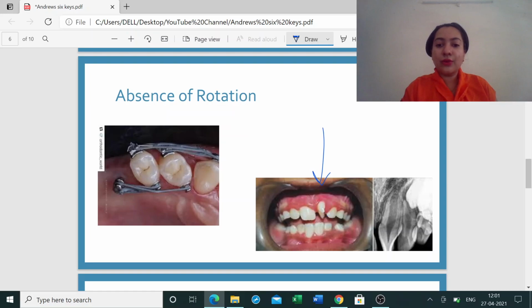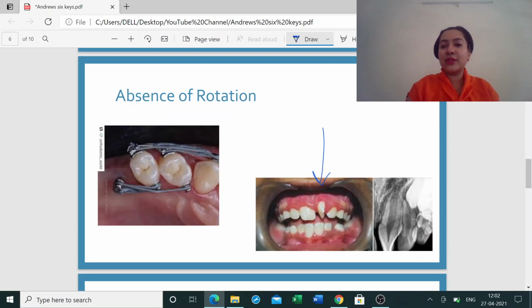Okay, so when an anterior tooth is rotated and when we derotate it, when we need to do orthodontic treatment to derotate that tooth, we need space. Okay, so therefore to derotate an anterior tooth, upper anterior tooth, space is required in the dental arch. First you need to create space and then derotate this tooth.